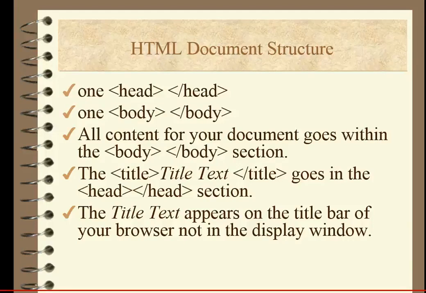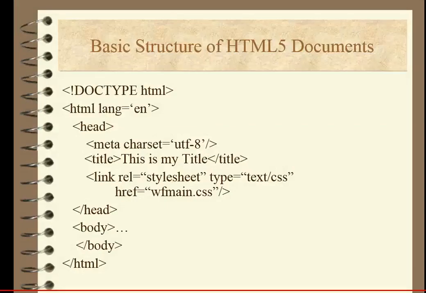All the content for the document goes in the body. And then you'll notice that we have a title here in the head of the document. And that's not going to show up in the page. That's going to show up on the little browser bar at the top of the browser. So usually we'll have to create a display title, which will be in the body, if you want the title to be there. I'll show you that later on.